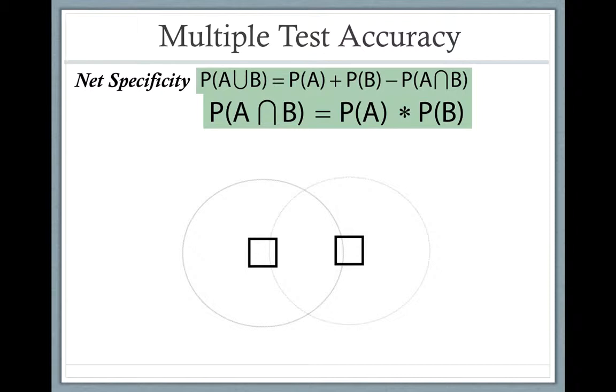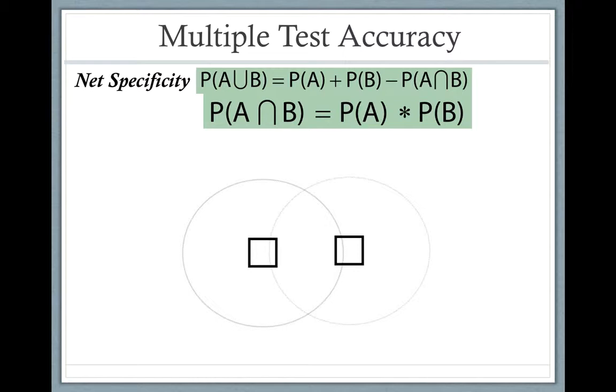In the simultaneous case, when we give a test at the same time, we're looking for someone that will test negative for both cases. If I am giving them multiple tests at the same time, they have to come up negative in every single one of those tests, otherwise they would be considered positive.